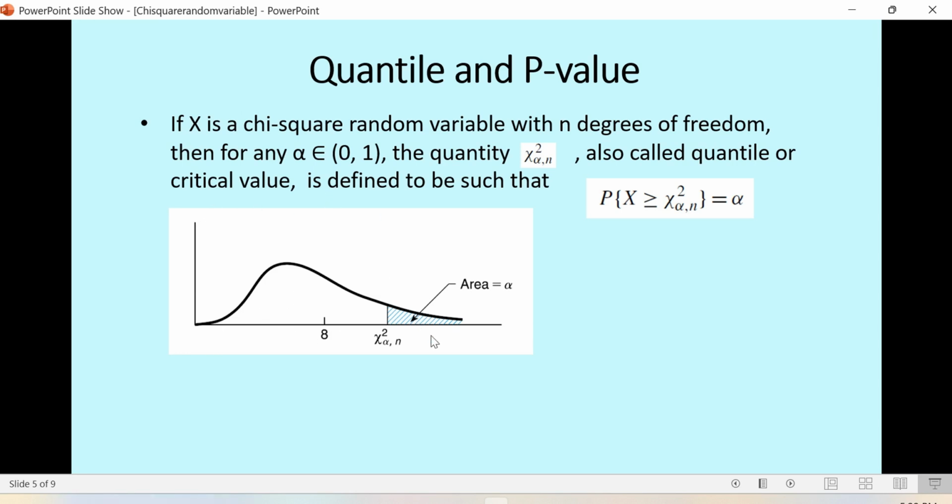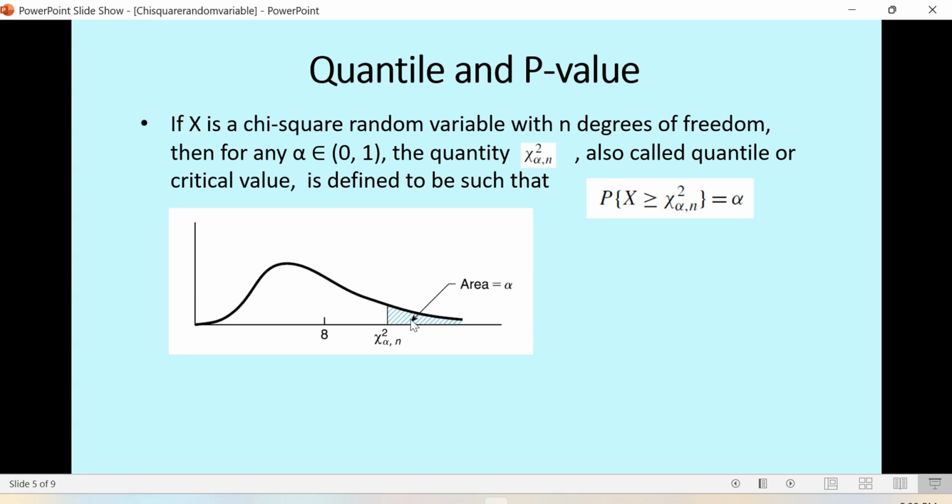In this figure, this value is the quantile value, which we write as chi-square alpha n. Alpha here means the p-value, the right side's area under the probability density curve from this critical value. On the right side, we usually use alpha in hypothesis testing.